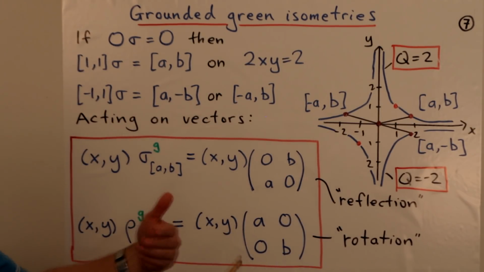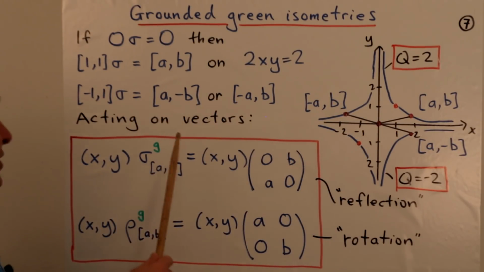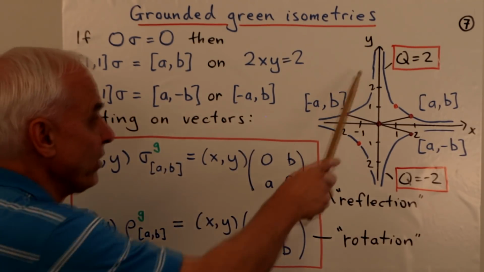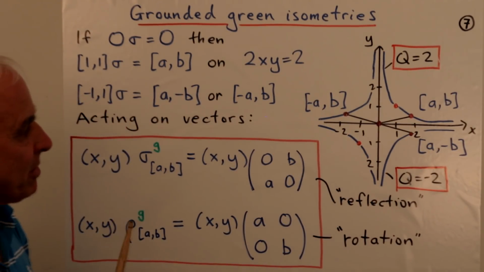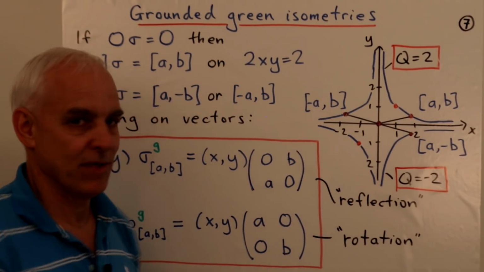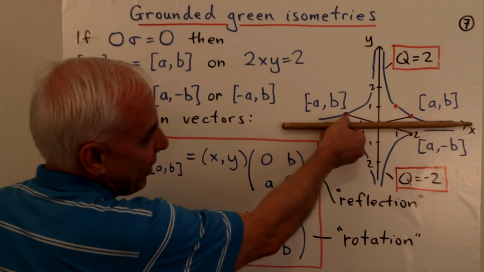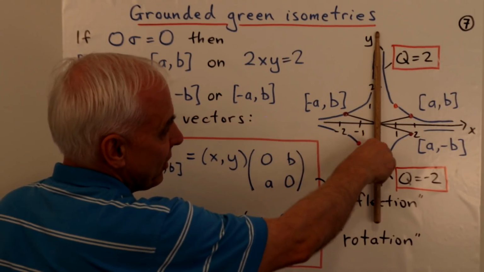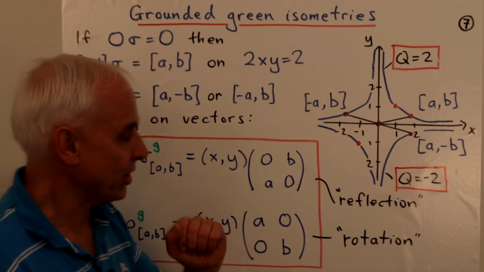And then the possibilities for where minus 1, 1 goes: that is going to go to also a point on the circle that it's on, but it's got to be a point that's perpendicular to the point AB that we're talking about. Now, perpendicularity in the green geometry corresponds to reflection in either the horizontal or vertical axes, ordinary Euclidean reflection.